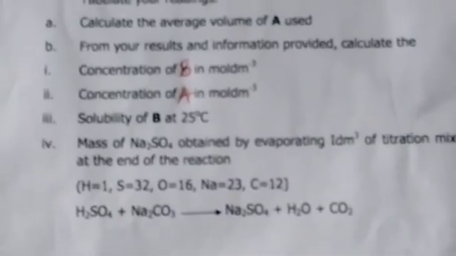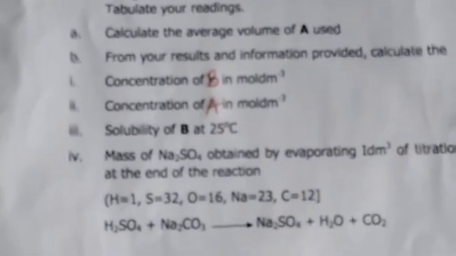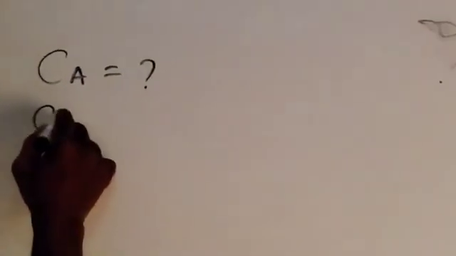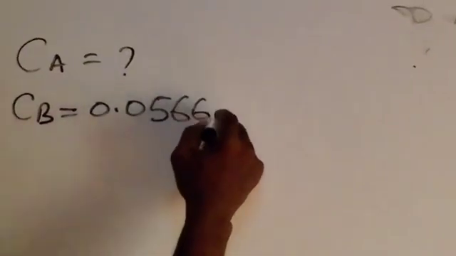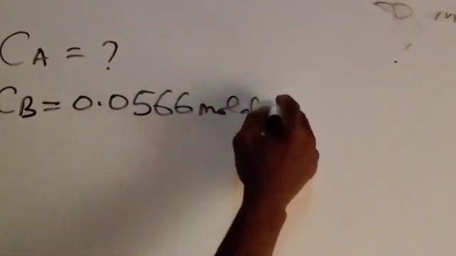Question II says you should find the concentration of A in mole per dm cube. So let's go to the whiteboard. We're looking for CA here. Our CB has been obtained previously as 0.0566 mole per dm cube.